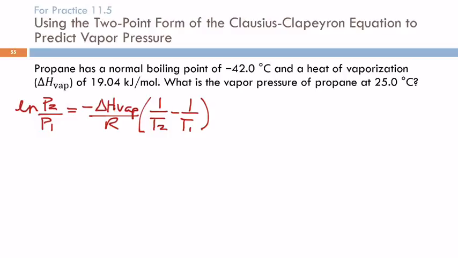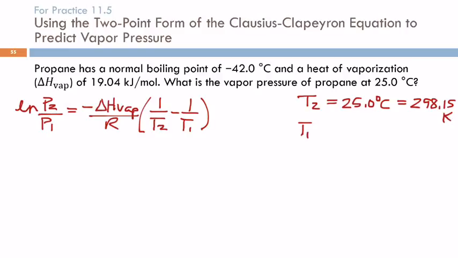So I'm going to choose T2 to be the 25, I'm sorry, T2. So T2 is 25 degrees Celsius. We need to have these temperatures in kelvins. So we add 273.15 and we get 298.15 Kelvin.